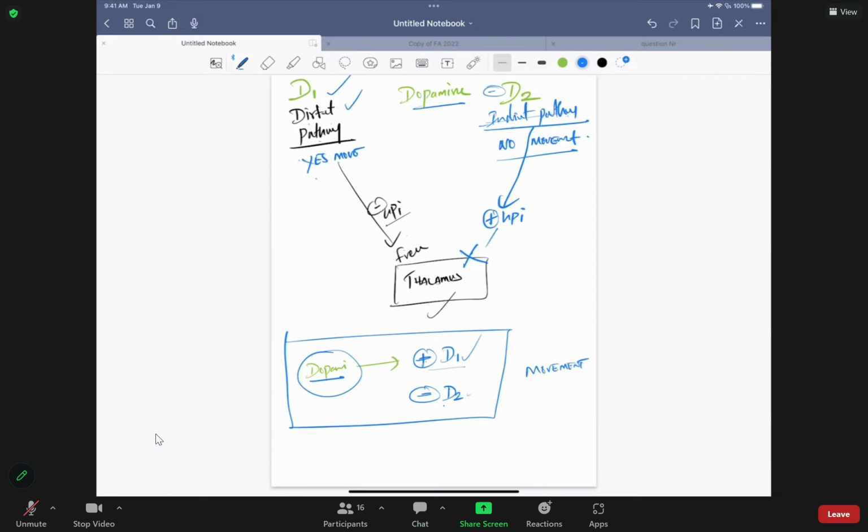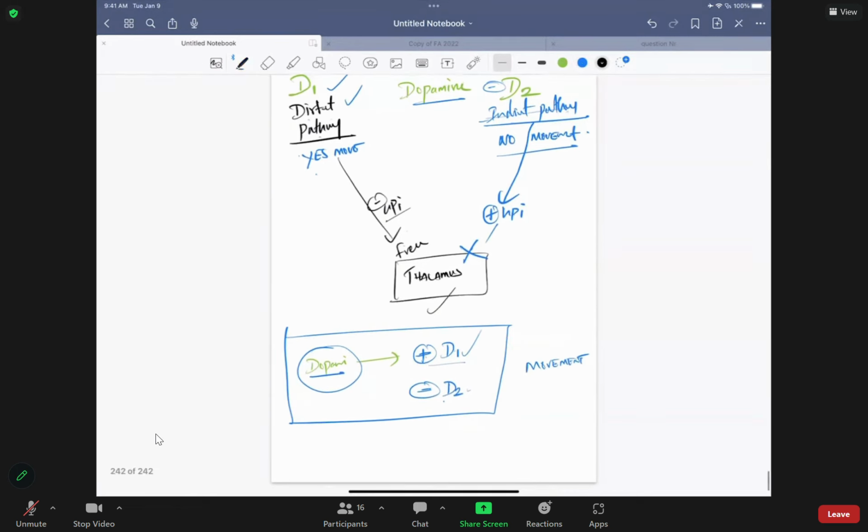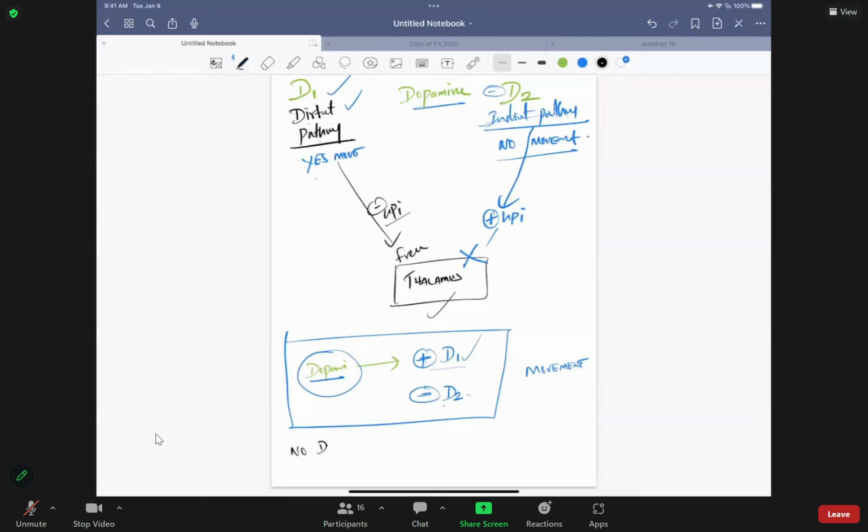Anybody still don't understand this? Now let's see the opposite. What happens if I don't have dopamine? No dopamine. If you don't have dopamine, D1 will be inhibited and D2 will be stimulated. Opposite.